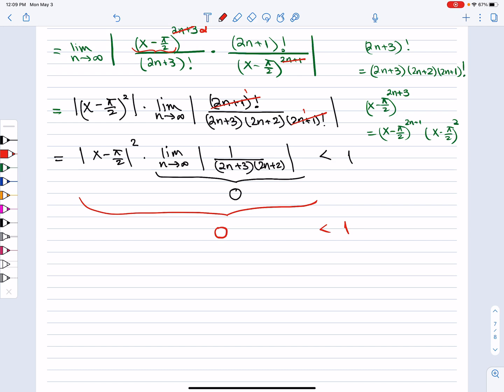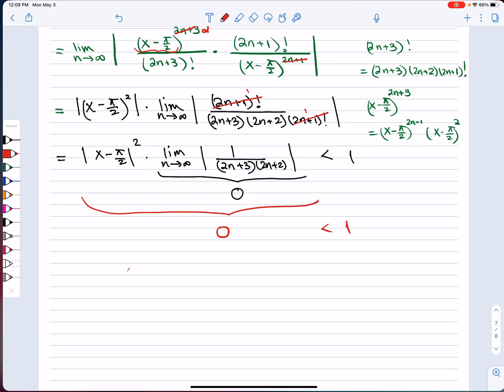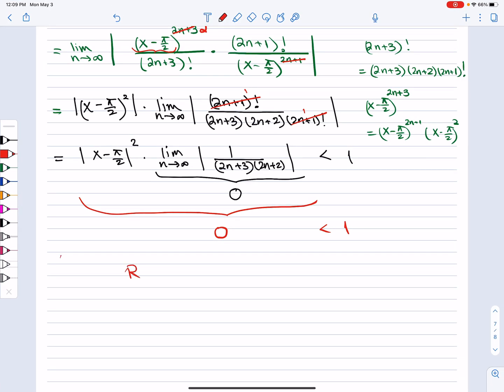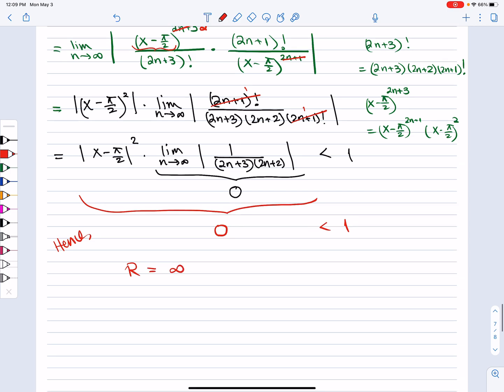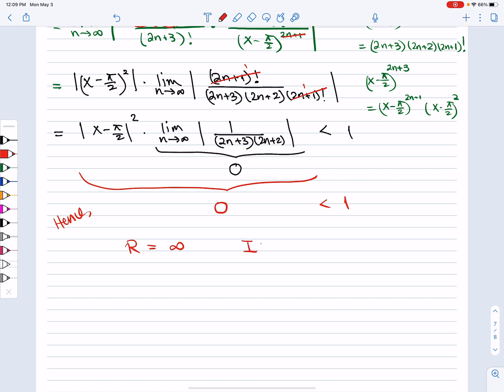So because this limit will always be less than 1, we can say that there are no restrictions on x. This series will always converge. So hence, the radius of convergence will be infinity. And the interval of convergence will be from negative infinity to positive infinity.